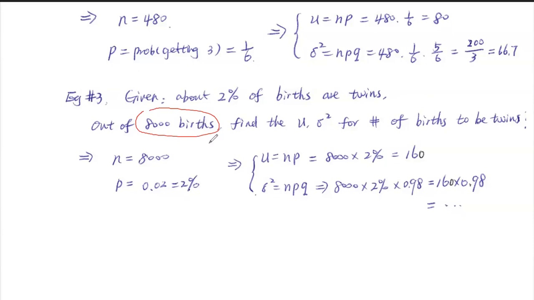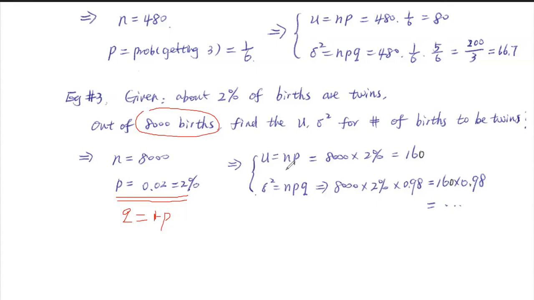Like that, right? So in this case, we are given the P, which is what? The probability to be twins, 2%. So what is Q? Q is equal to 1 minus P, right? So that means the probability of not twins is 98%. Is that right?